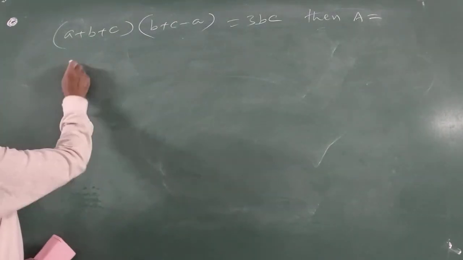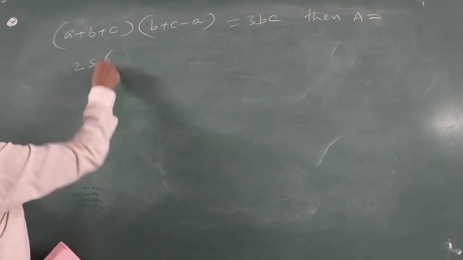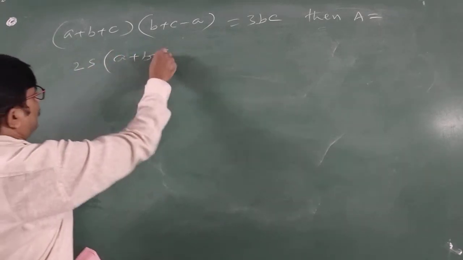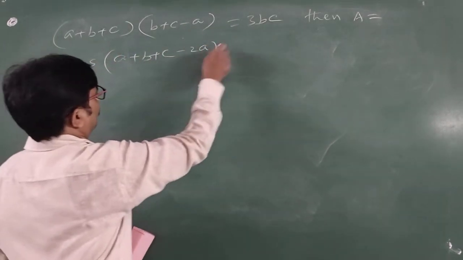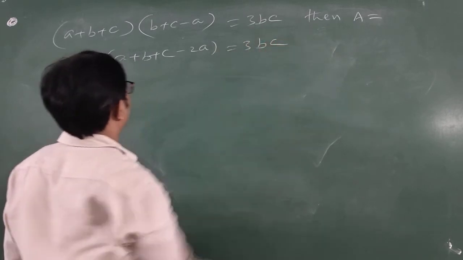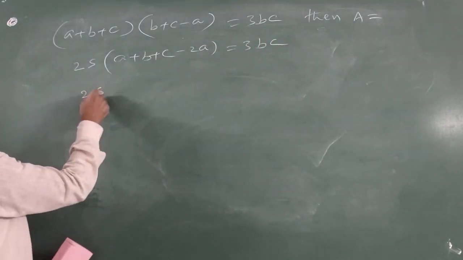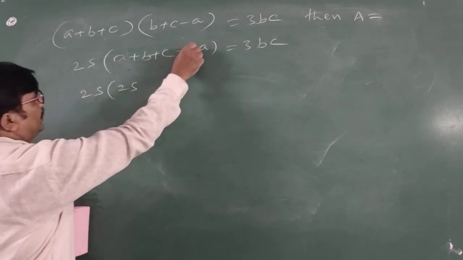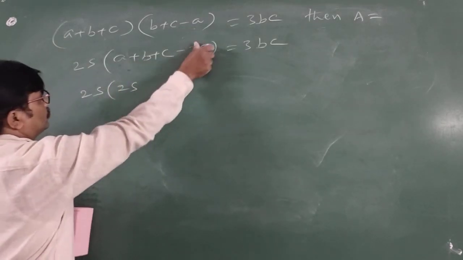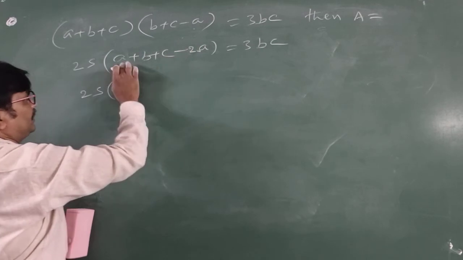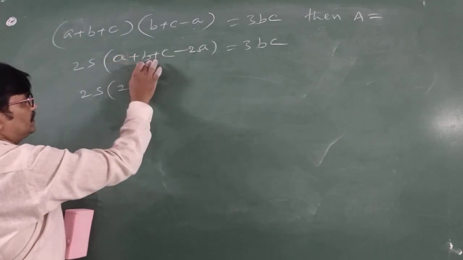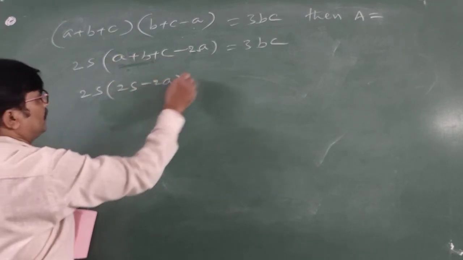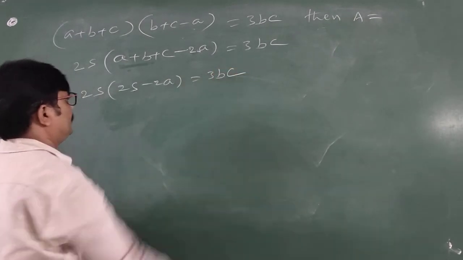Everybody knows that 2s is a plus b plus c, minus 2a, that is 3bc. 2s is a plus b plus c, and minus 2a is minus a. So we are taking plus a and minus a. This is 2s, 2s minus 2a equal to 3bc.